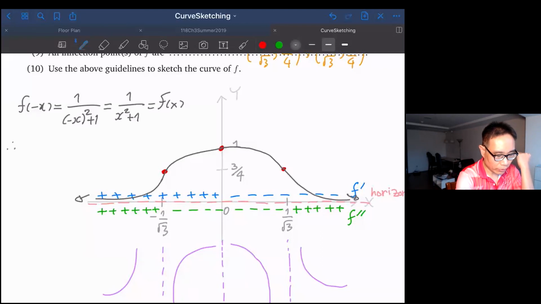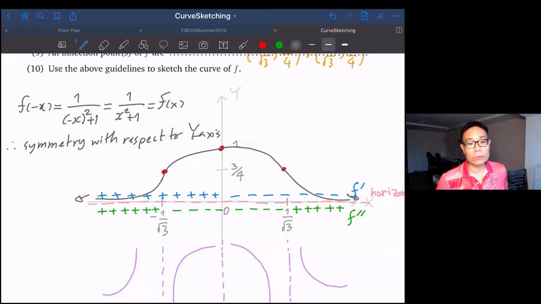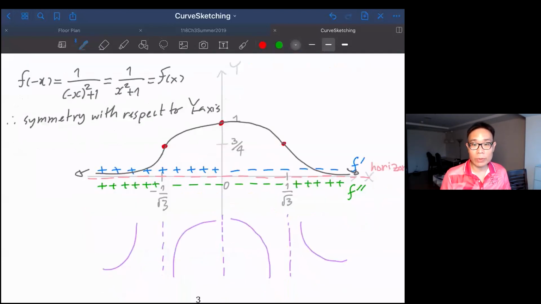So you get symmetry with respect to the y-axis. Okay, so the shape of the graph will be the same on the left and on the right side, because when you plug in the negative number, it turns out to be equal to the thing that you have for the positive number.